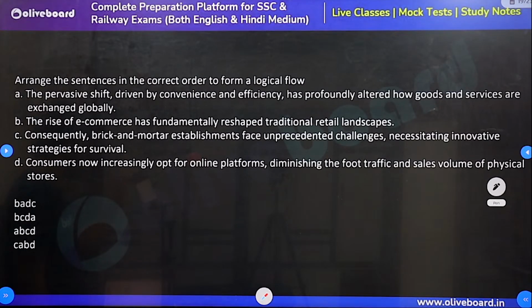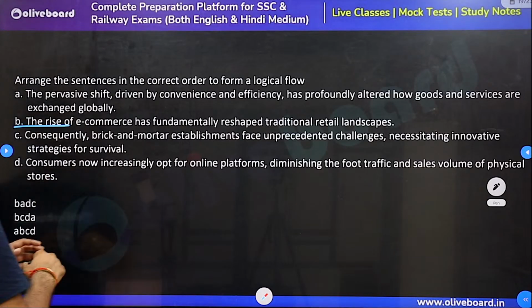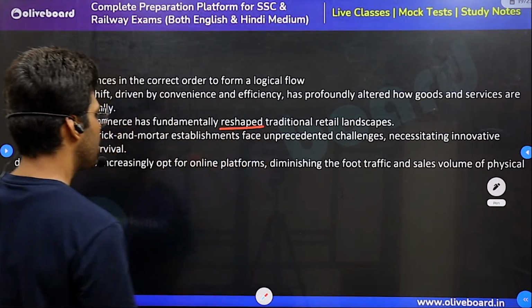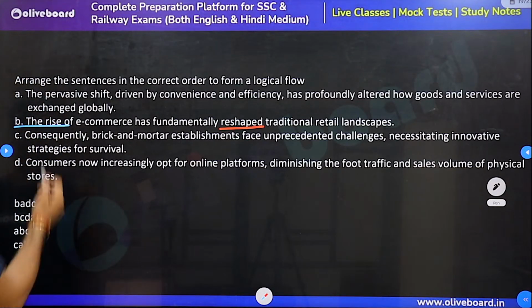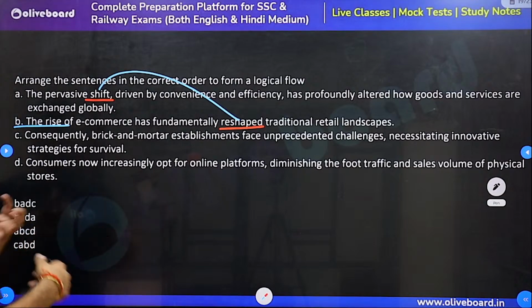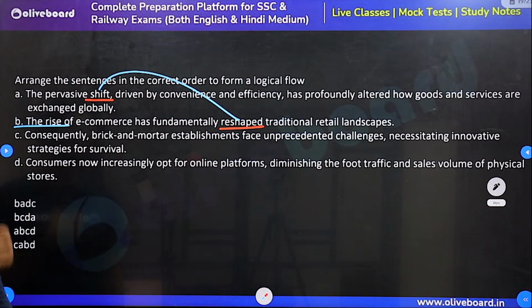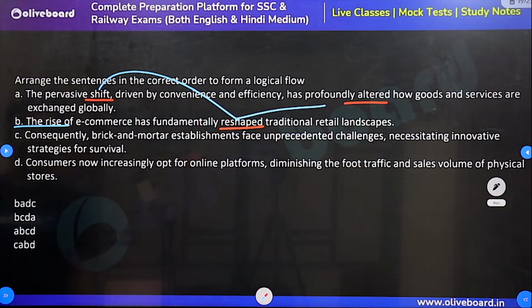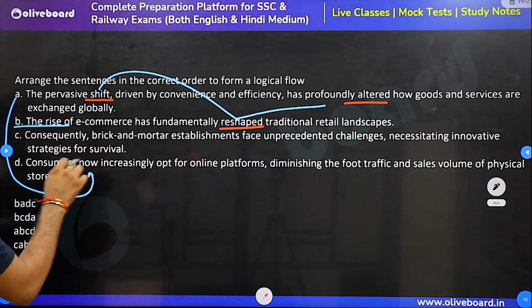Jessica, you are correct. A descriptive statement to start with: the rise of e-commerce has fundamentally changed the traditional retail landscape. This change, driven by convenience and efficiency, has profoundly changed how goods and services are exchanged globally.